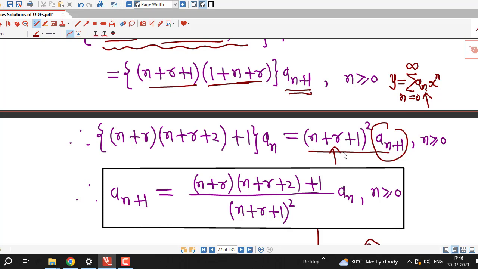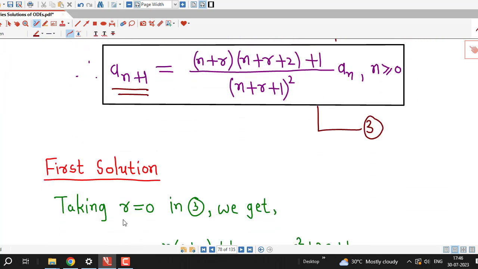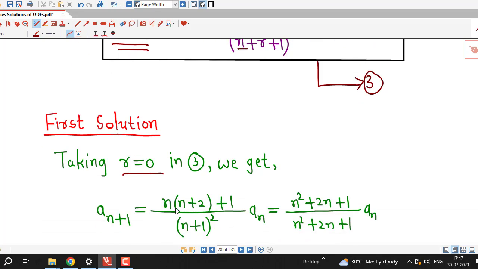Now we can obtain one solution by taking r equal to 0 in this recurrence relation. So I am taking r equal to 0 in this number 3. I will have a(n plus 1) equal to n times (n plus 2) plus 1 divided by square of (n plus 1) into a(n).